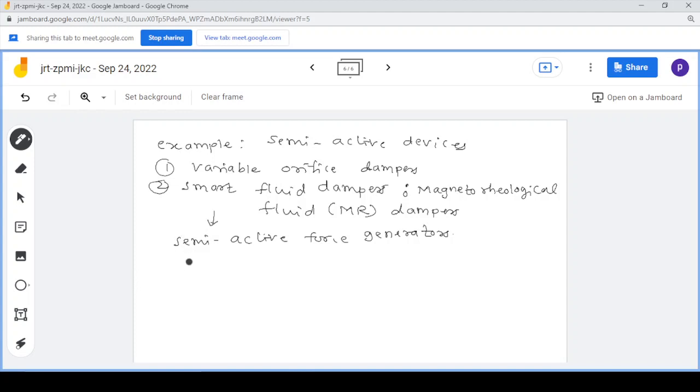So what happens to the viscous damping coefficient of the orifice dampers?